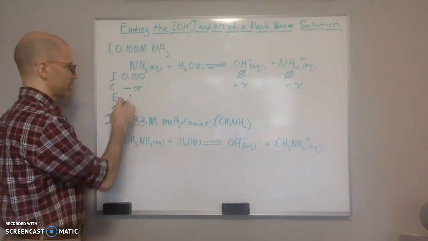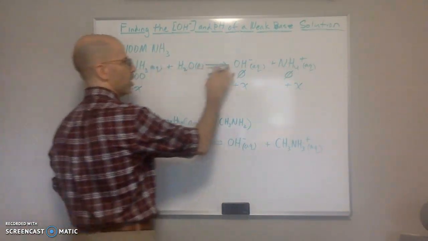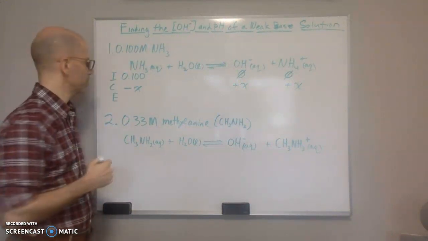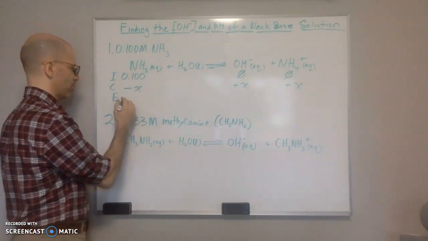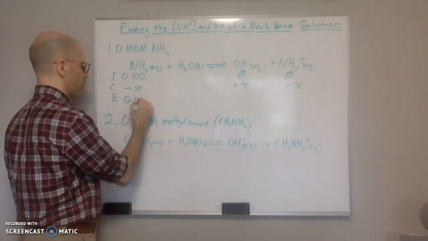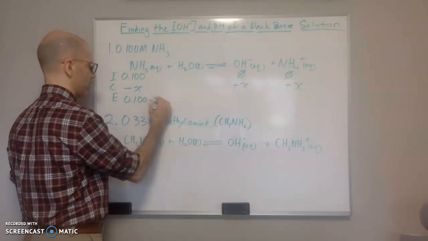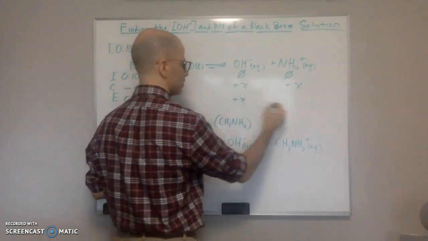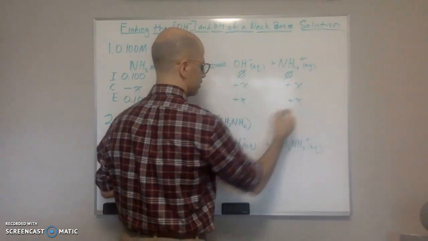So plus x, plus x, because there's a 1-to-1 ratio in the equation. Now we add these together to get the equilibrium expressions: 0.100 minus x here, and plus x and plus x.